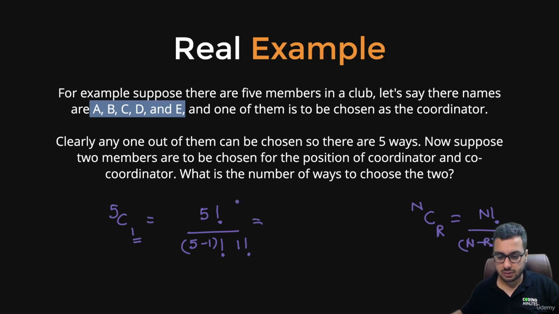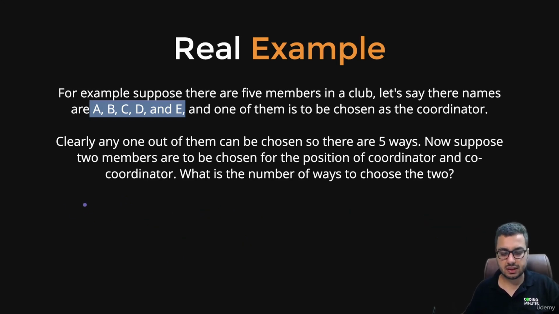So this is 5 factorial divided by 4 factorial, which is nothing but 5. C is known as the binomial coefficient, so nCr is known as the binomial coefficient. Very soon we will learn about binomial coefficients and how to compute them.